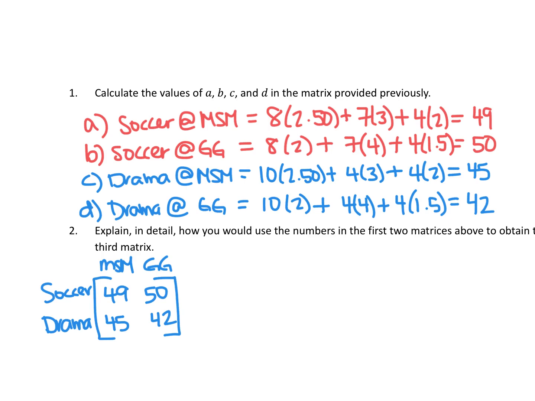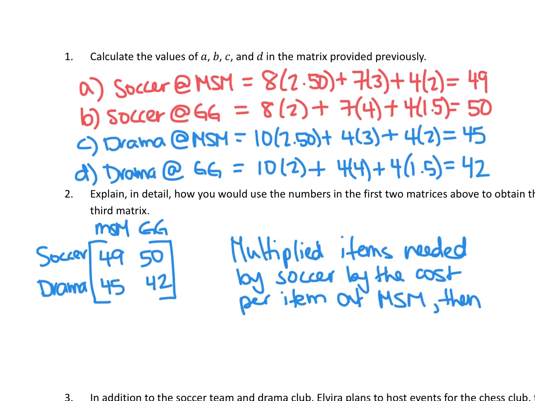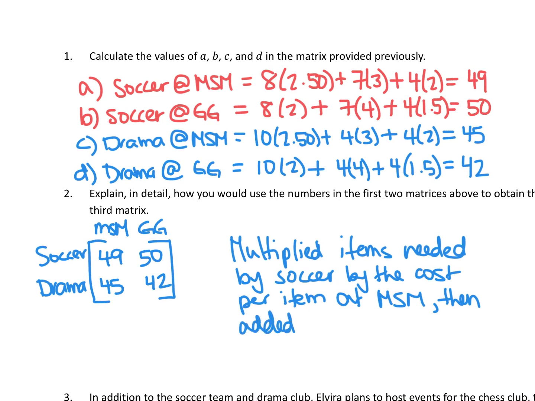So we multiplied our items needed by soccer by the cost per item at Main Street Market, then added those products, right? And that's how we came up with this total.